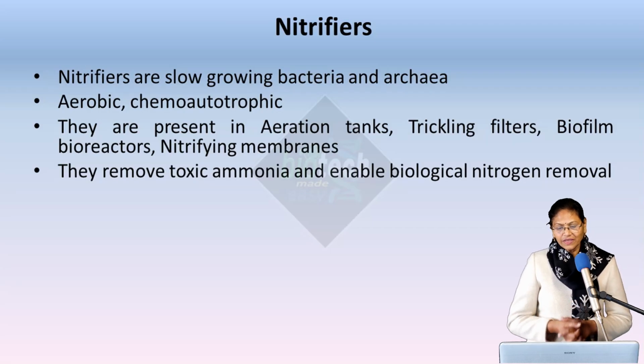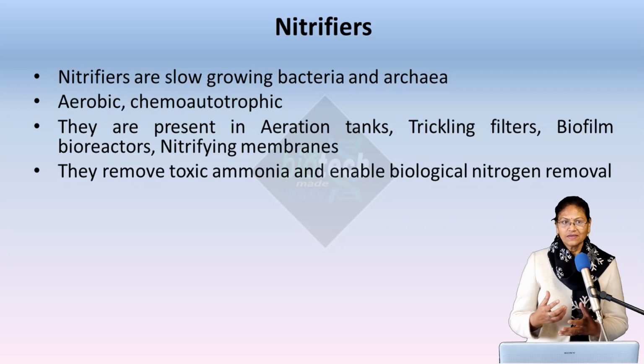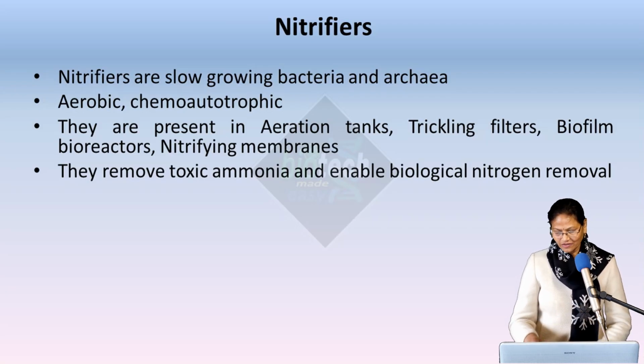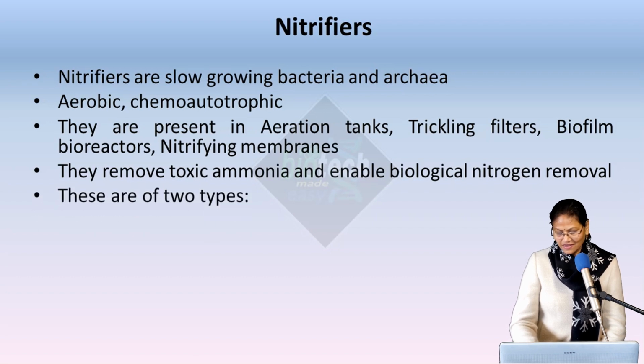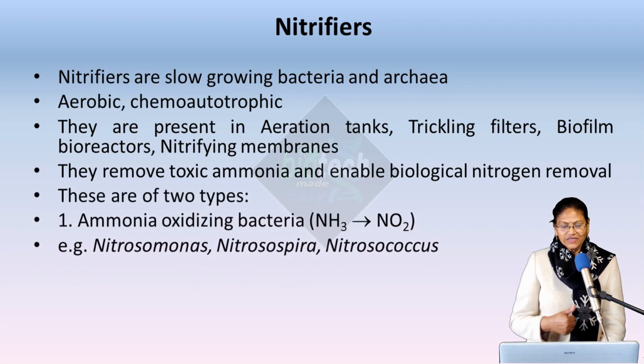They play a very important role in biological nitrogen removal, or you say in the nitrogen cycle, because whenever ammonia rises and accumulates, it is toxic, so it should not be there for a long time. So they convert this ammonia rapidly, and these are of two types. The first one is ammonia oxidizing bacteria, that means ammonia is converted into nitrite.